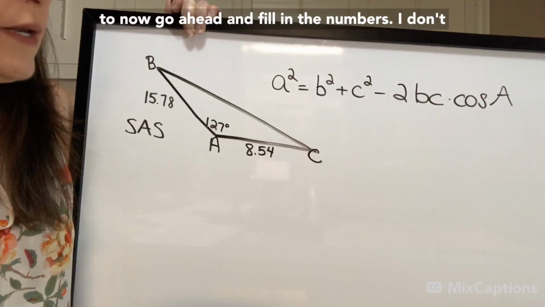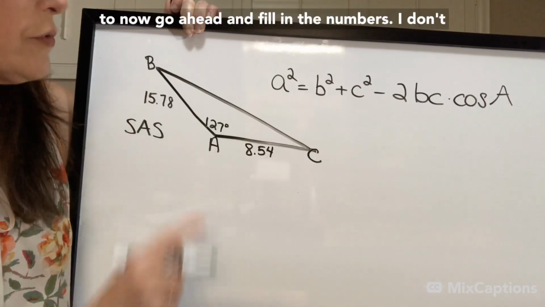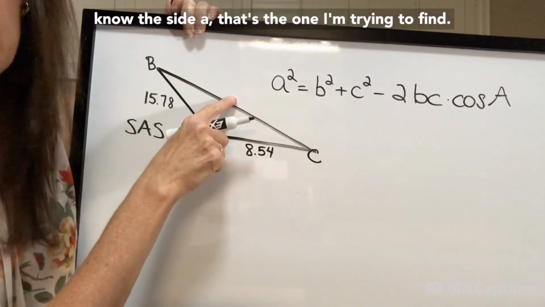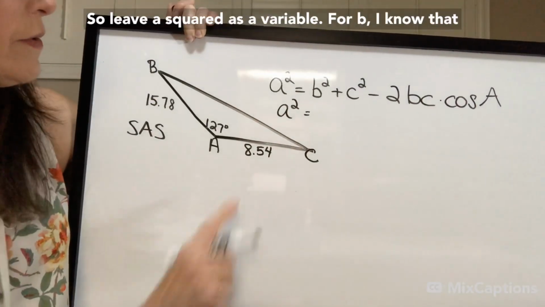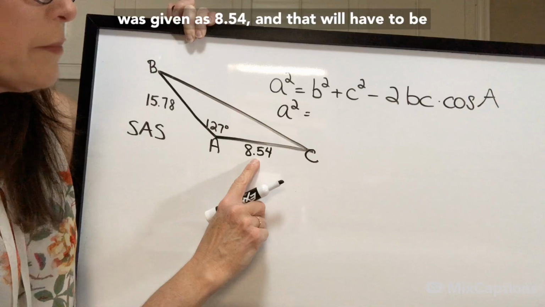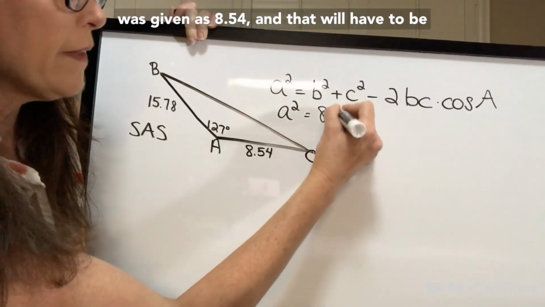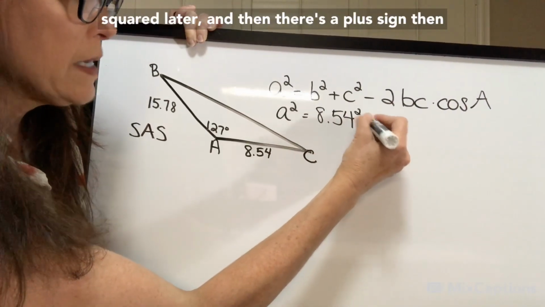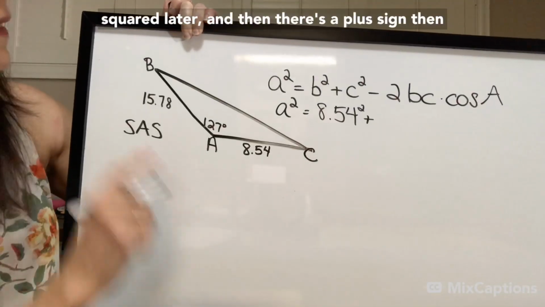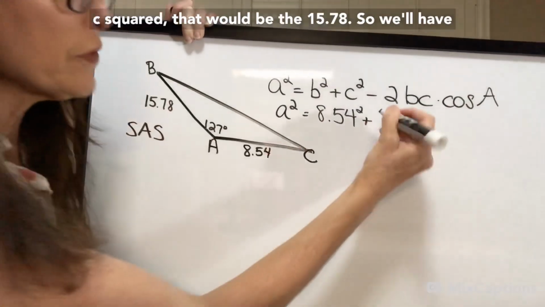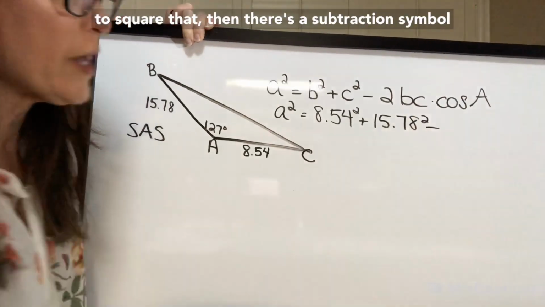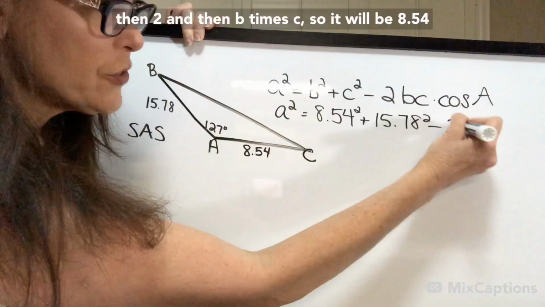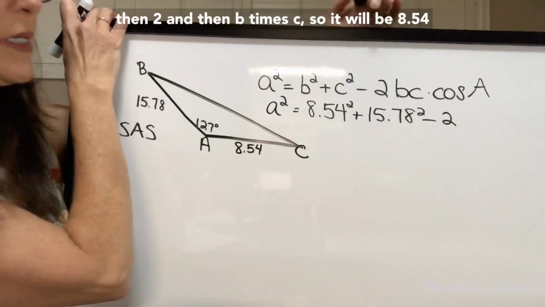So I'm going to now go ahead and fill in the numbers. I don't know the side a, that's the one that I'm trying to find. So leave a squared as a variable. b, I know, was given as 8.54, and that will have to be squared later. And then there's a plus sign. Then c squared, that would be the 15.78, so we'll have to square that. Then there's a subtraction symbol, then a 2, and then b times c.